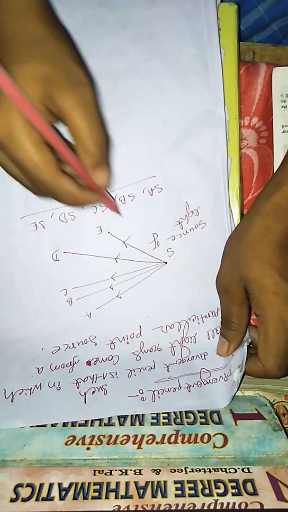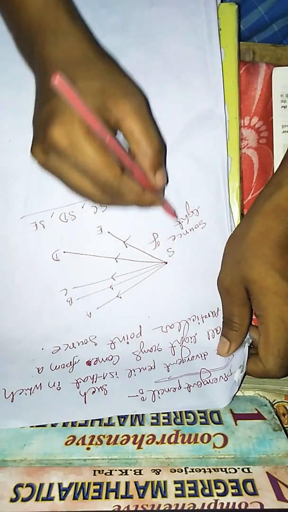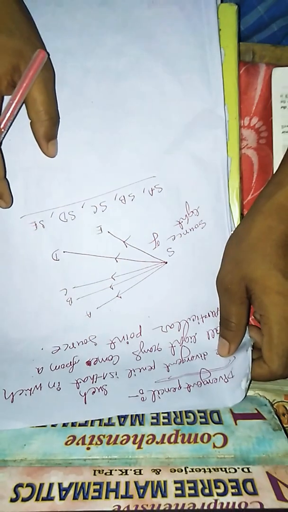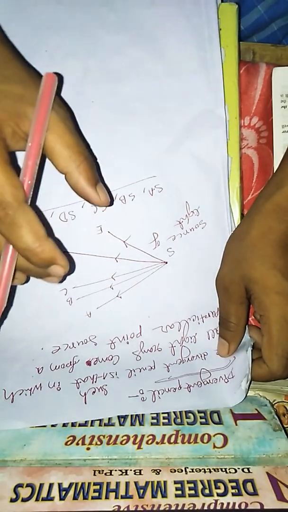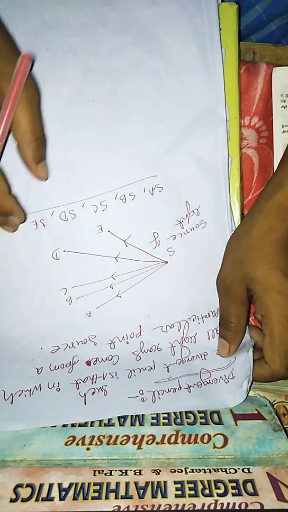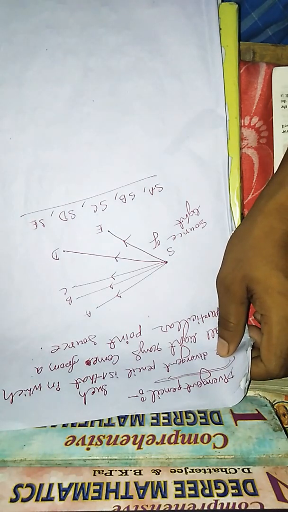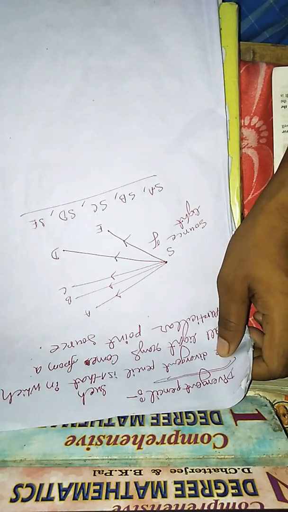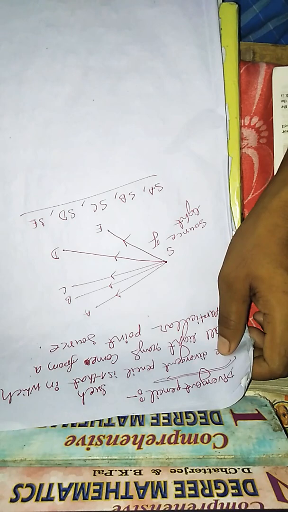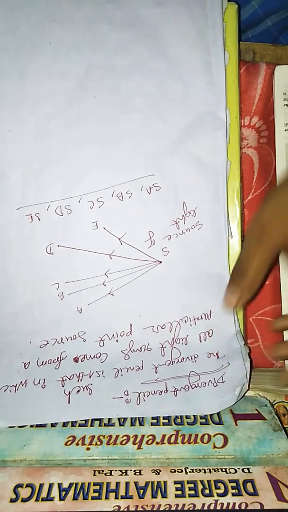All these light rays come from this point source S. So this is the divergent pencil. The combination of these light rays is known as the divergent pencil.